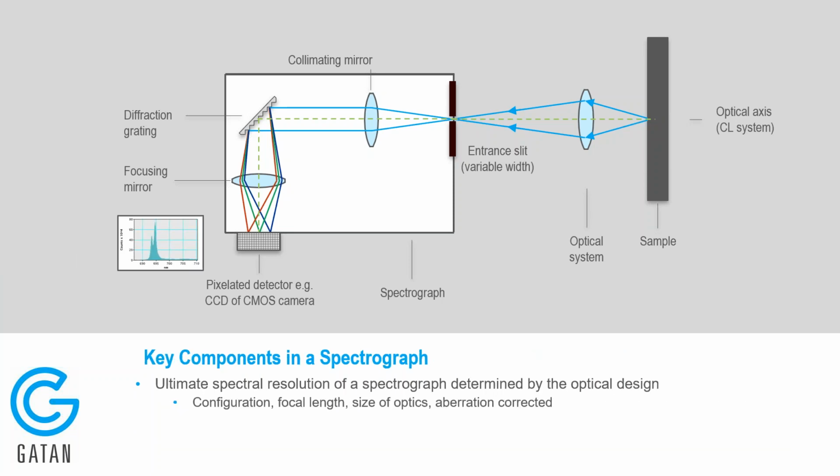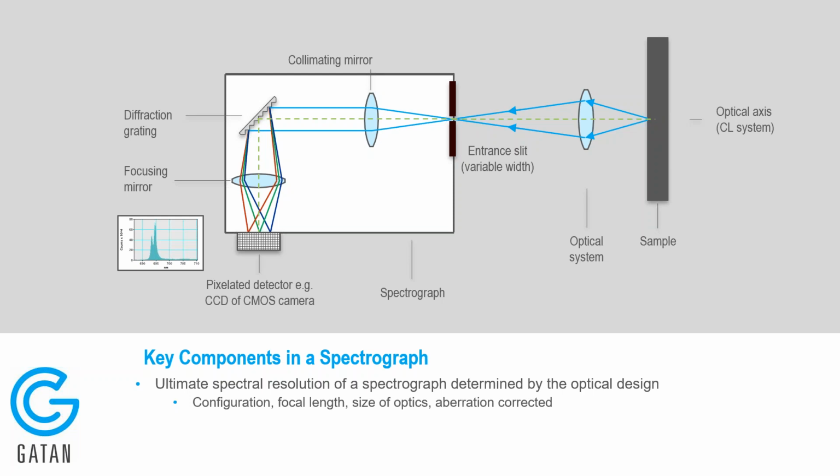Now, there are several key components within the spectrograph that govern the spectral resolution of the end result. First of all, the optical design of the spectrometer is a really important part of it.